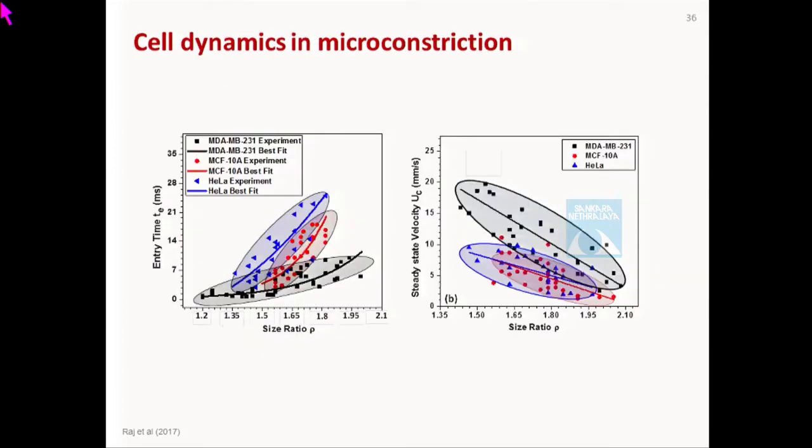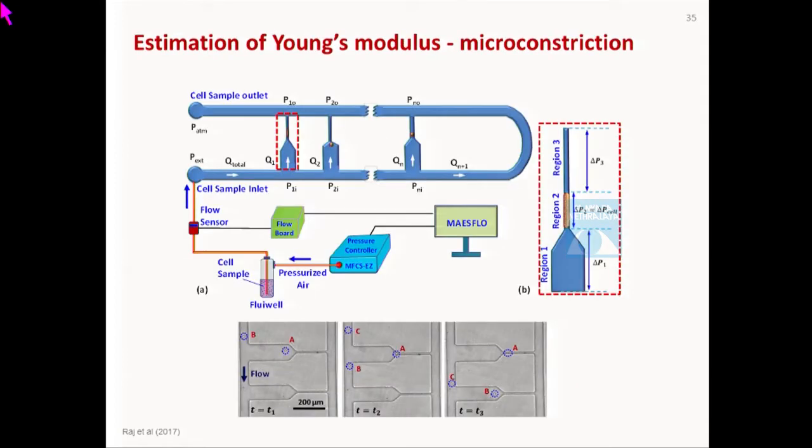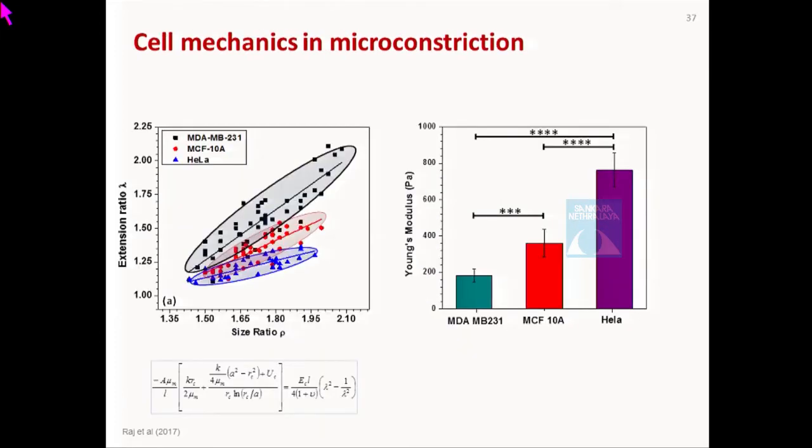How much time they take to pass through the narrow constriction, and how much they actually deform, is characterized for different types of cells. And we have a mathematical model, using how much the cell elongates and how much time it takes to pass through the constriction, to predict the Young's modulus, and we have verified that with the measurements that we have gotten from AFM.